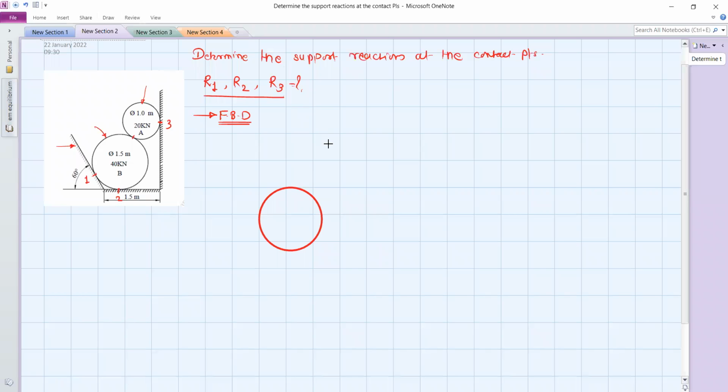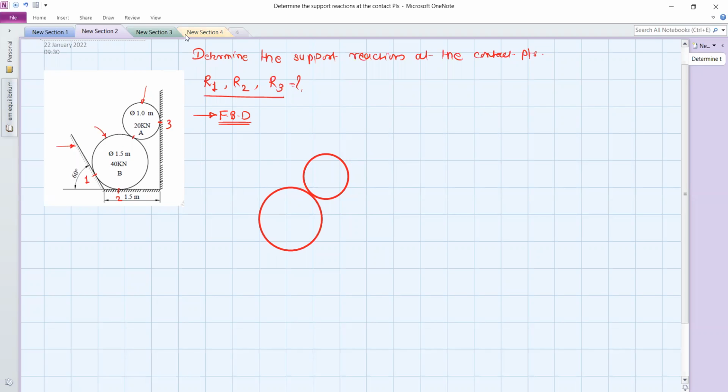You can draw two separate free body diagrams, one for sphere B and second for sphere A. Okay, so here we have isolated both the spheres simultaneously, A and B.